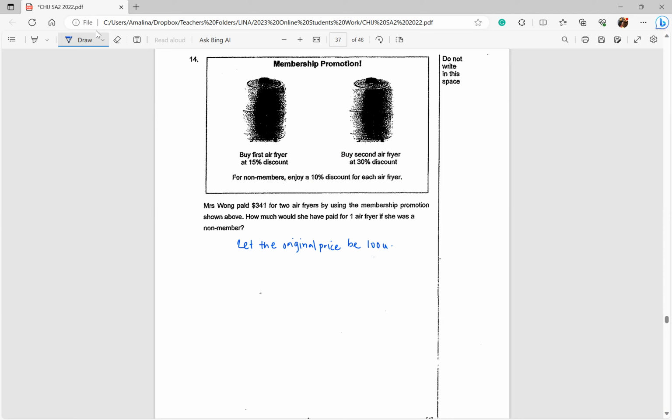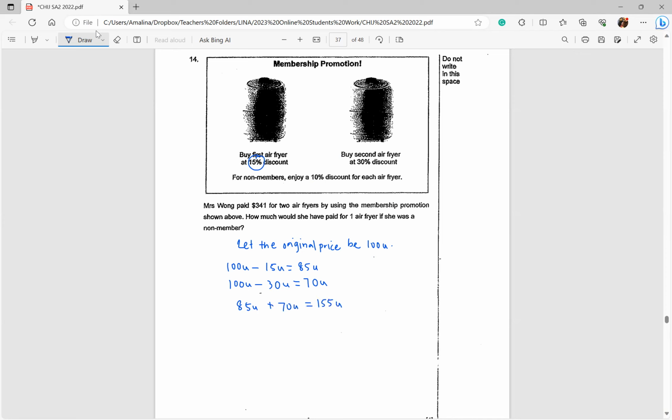If I'm a member, I get 15% discount, which means I'm paying 100 units minus 15 units, so I get 85 units. First air fryer, 85U. Second air fryer, 100U minus your 30% discount, so I'm purchasing at 70 units. So if I'm a member, 85 plus my 70U, this will be 155 units.